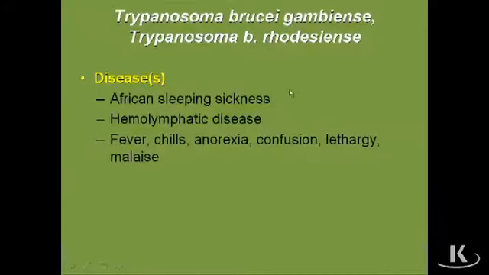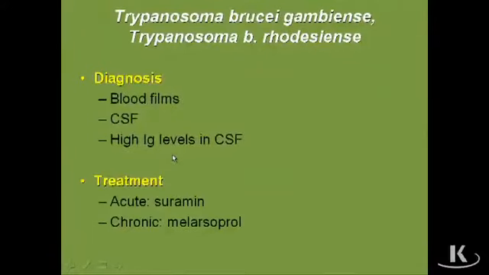All right, what's the disease? African sleeping sickness, where you get a blood disease with fever, chills, anorexia. It can look similar to a malaria-like disease, okay? But East and West African sleeping sickness. Diagnosis is going to be by blood films.